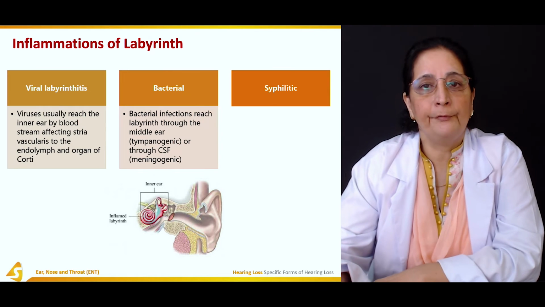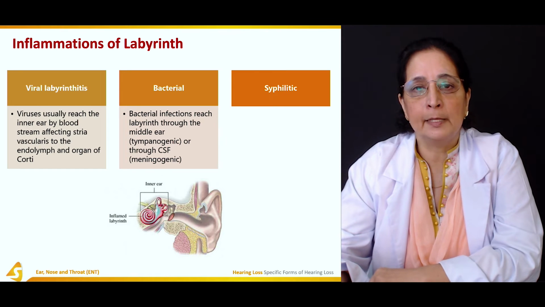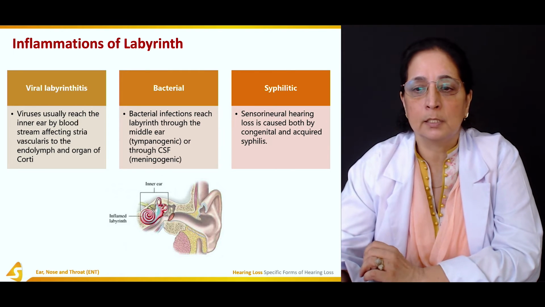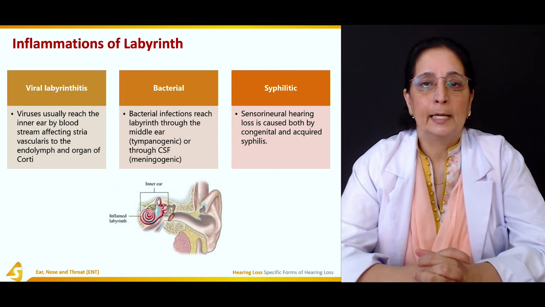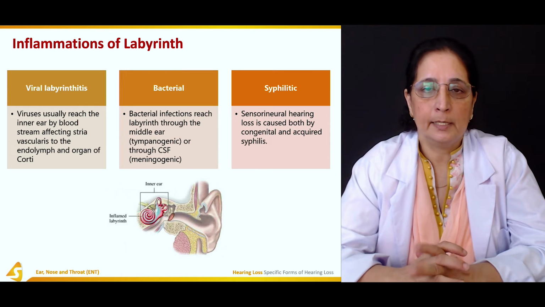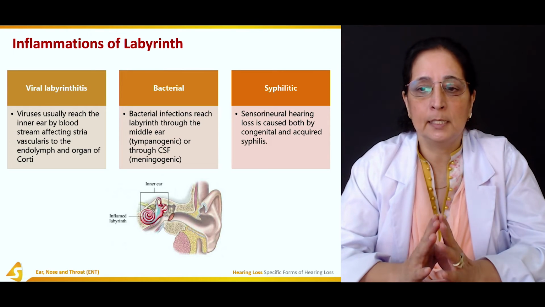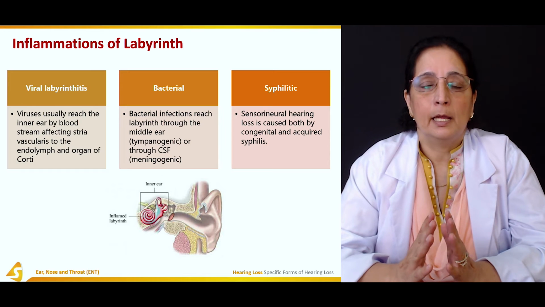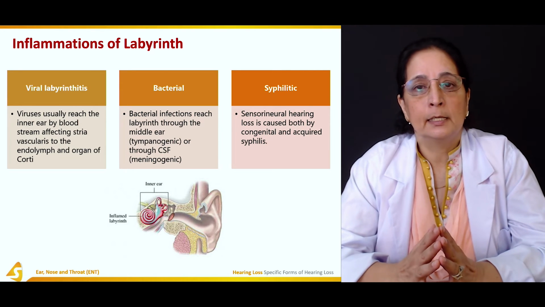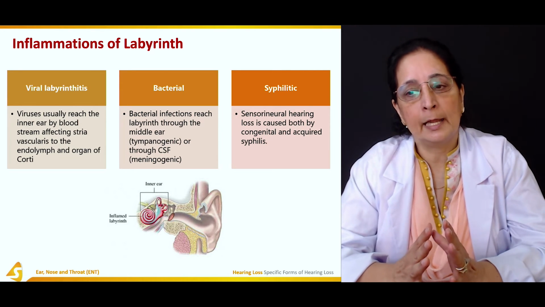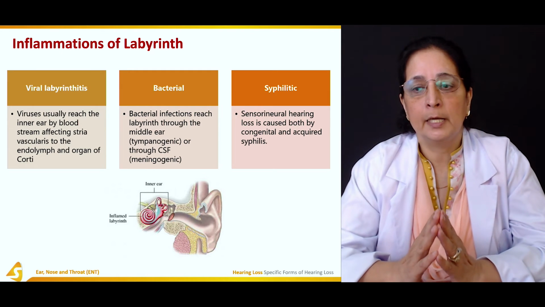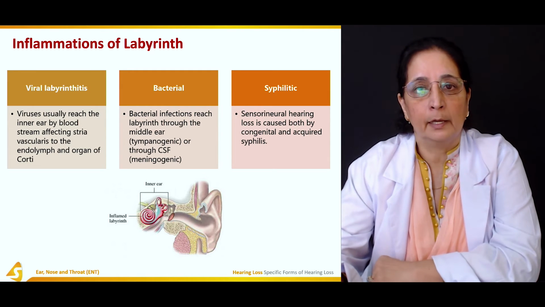Then we have syphilitic labyrinthitis, and the sensorineural hearing loss is caused by both congenital and acquired syphilis. Syphilis is the disease caused by Treponema pallidum, and it can be congenital or acquired, and both types can cause sensorineural hearing loss.